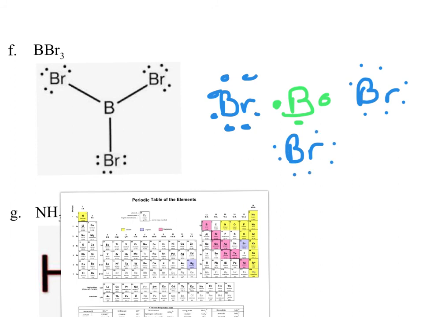And so that'll be shared, that'll be shared, and that'll be shared, and then it ends up looking like this. Boron just wants 6, so there's 2, there's 4, there's 6, and then each bromine will have 8. 2, 4, 6, 8, 2, 4, 6, 8, 2, 4, 6, 8.